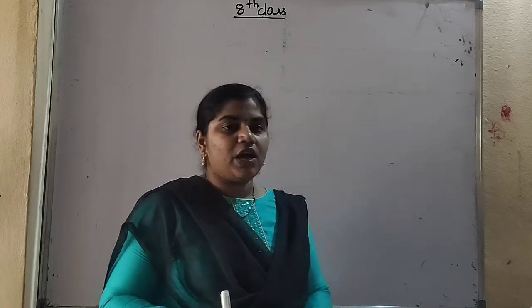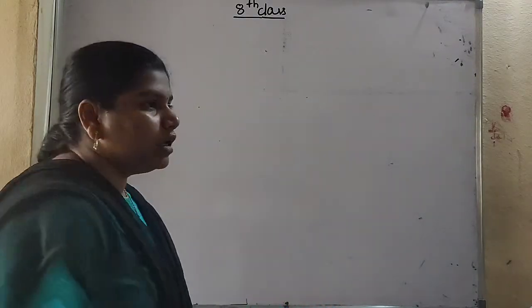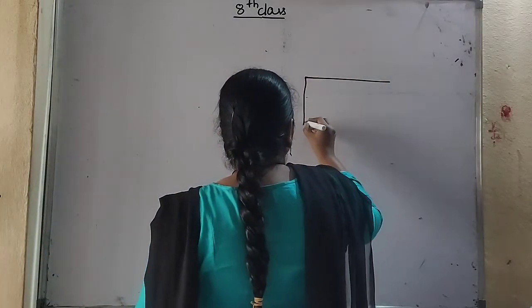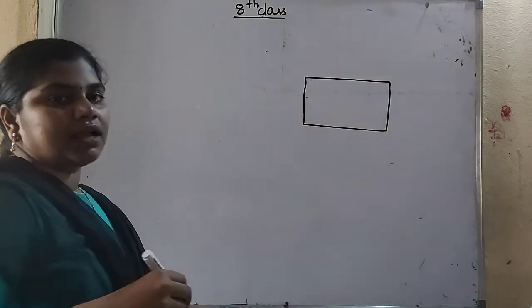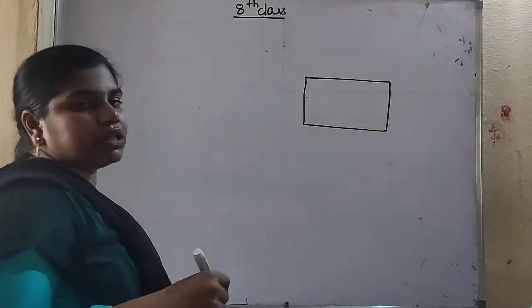Okay, and we have learnt about the properties. What are the different types of quadrilaterals we have learned? If you take a quadrilateral, this rectangle is a quadrilateral because it has four sides. And what are the parts in this?